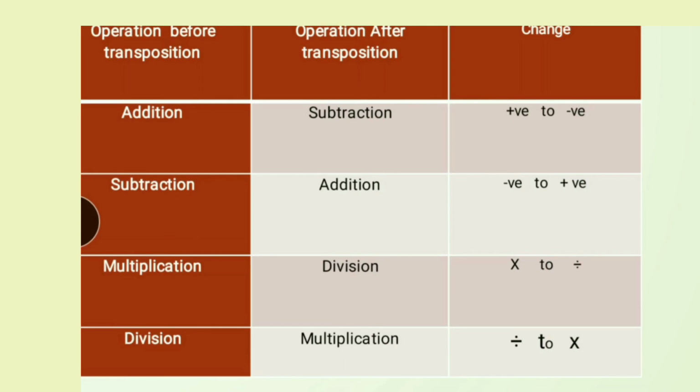So when it is shifted to the right hand side, it will become subtraction or negative. And the term with negative sign, when it is shifted to the other side, either LHS or RHS, will become positive. And the term with multiply will change into divide, and the term with divide will change into multiply. This process of changing sign is called transposition.